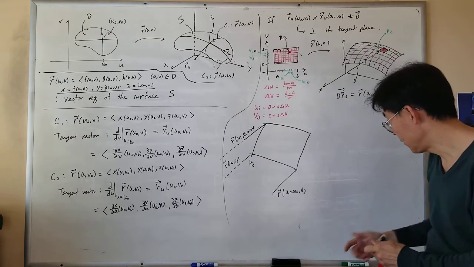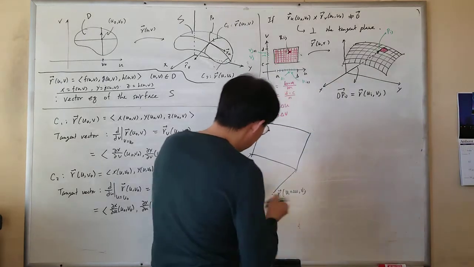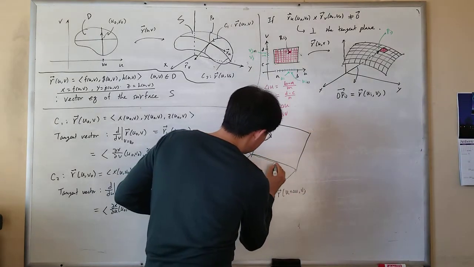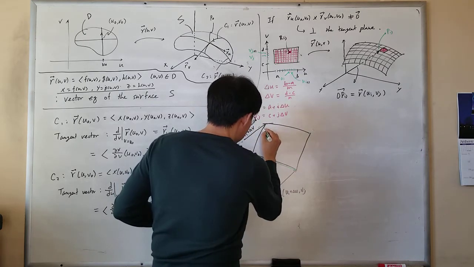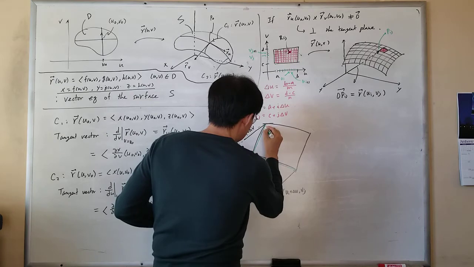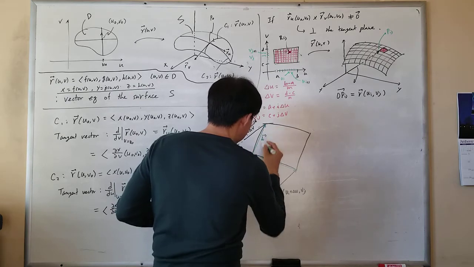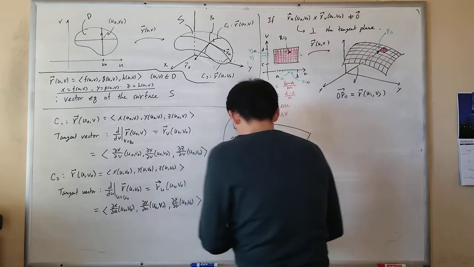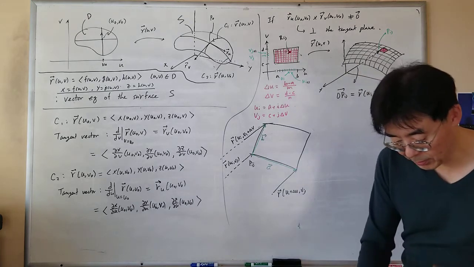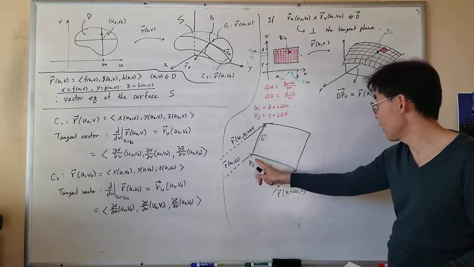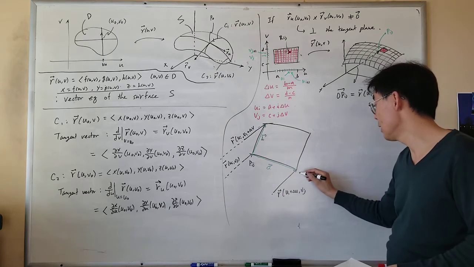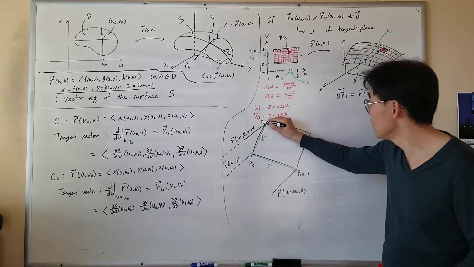So we define this one as vector A, connecting Pij and Pi plus 1 j, and this vector B, connecting Pij and Pij plus 1.